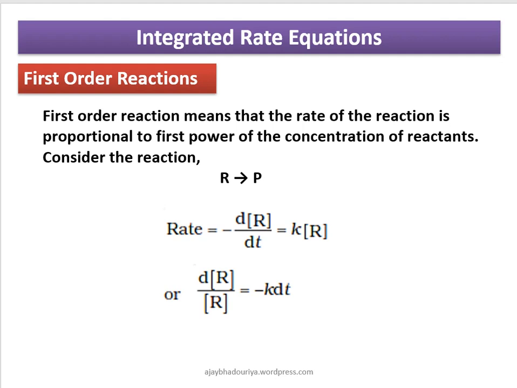It means that is the rate of disappearance, so we use the sign minus, that is equal to K into R. For the proportionality sign we use the K. So dR by dt is equal to K into R. So we can write here K dt is equal to dR upon R.